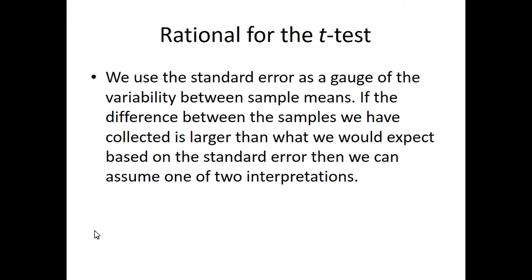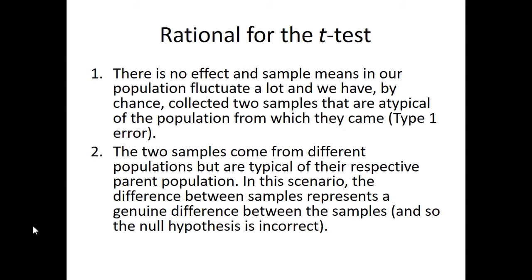Remember, we use standard error because it's our estimate of the population standard deviation. So here's how much the population varies. This is kind of the error we can assume is normal in this distribution. Is the difference between groups bigger than normal variation? It's really a question of, is this group difference bigger than what we would expect given some normal wiggle around, because people are people. They're weird. If that difference is bigger than what we would expect, there's two interpretations.